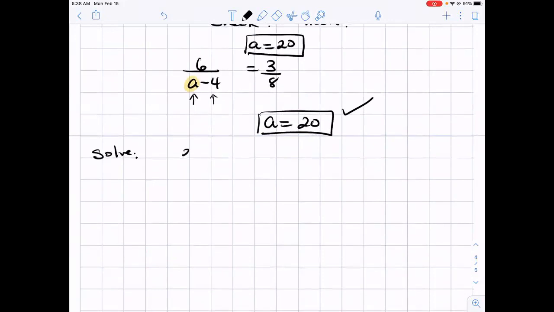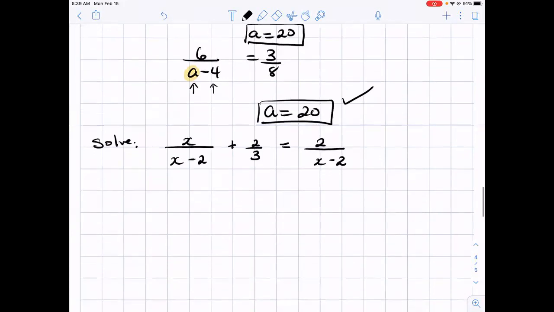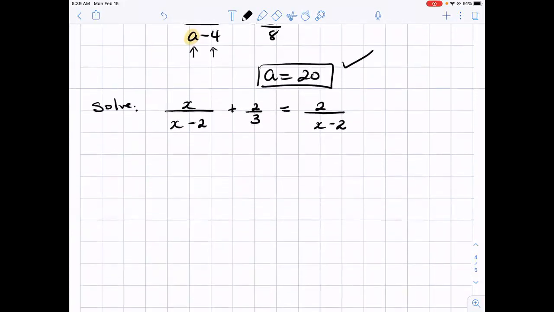So we want to solve x over x minus 2 plus 2 over 3, and that is equal to 2 over x minus 2. Okay. So factor the denominators. That's our first step.